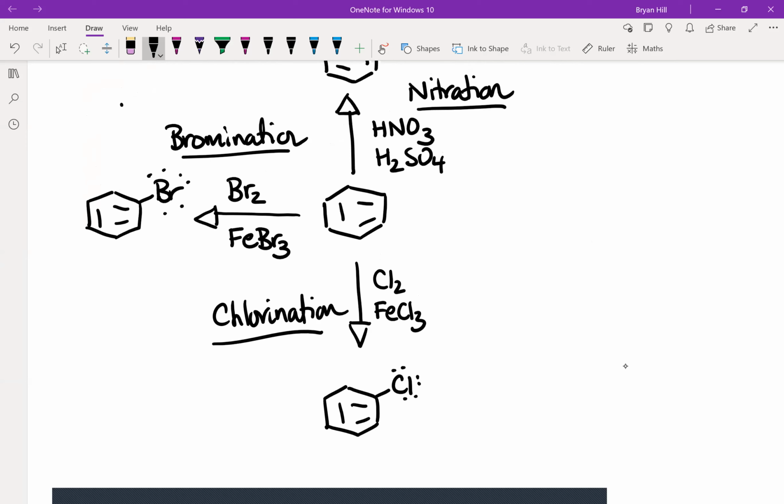Organic chemists are interested in making carbon-carbon bonds, so let's do an alkylation. So RCl and aluminum trichloride. And this will put an R group on. This reaction is often called the Friedel-Crafts alkylation. So that's an alkylation reaction.